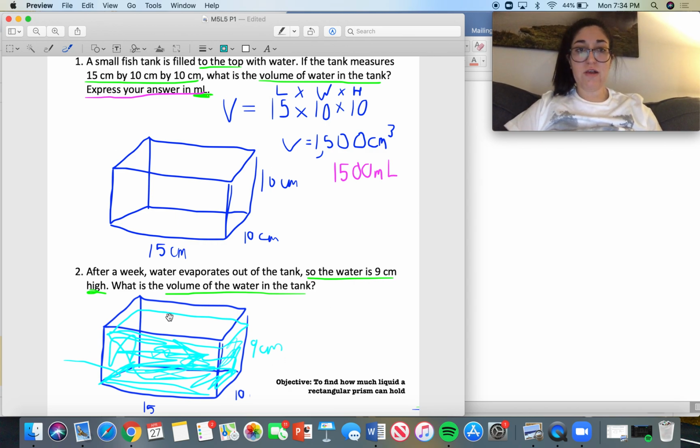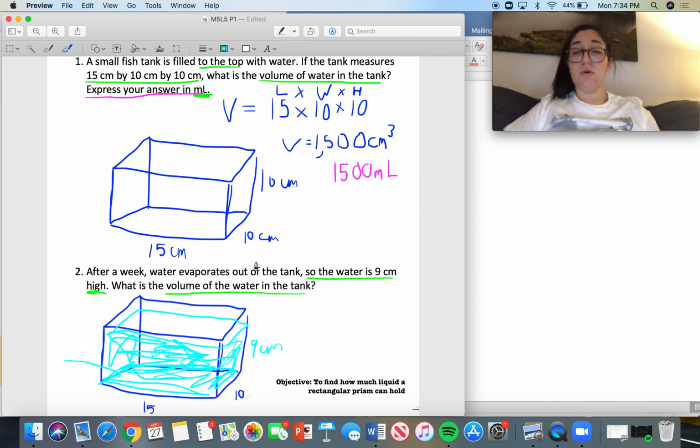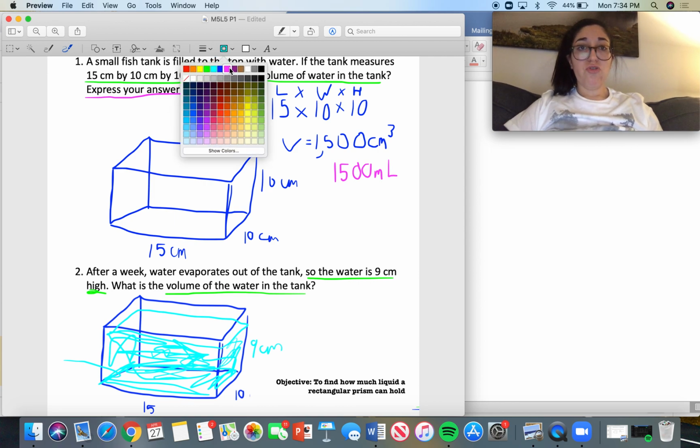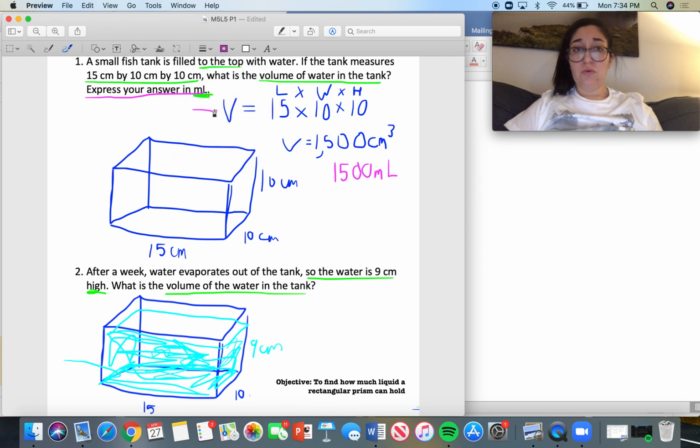It's 9 centimeters high. So now the question is, again, what is the volume of water in the tank? So I can go back to my volume equation. Volume is length times width times height.